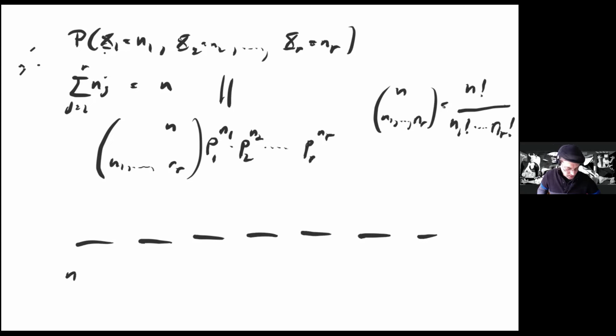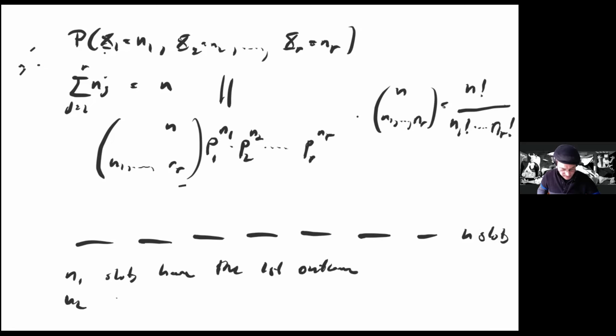So there are n slots. n1 of the slots have the first outcome of the experiment, and n2 slots have the second outcome. The number of ways you could do that, if you go back earlier in the course when we were counting, is this multinomial coefficient.